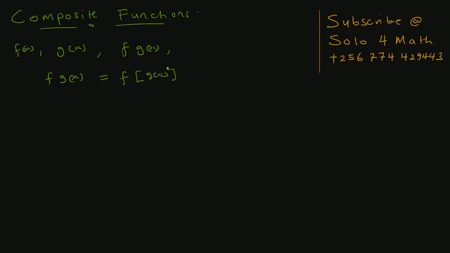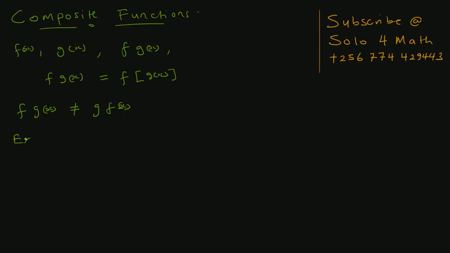You need to remember also that f(g(x)) is not equal to g(f(x)). In g(f(x)), we perform f(x) first, then followed by g, as we are going to see in the examples.